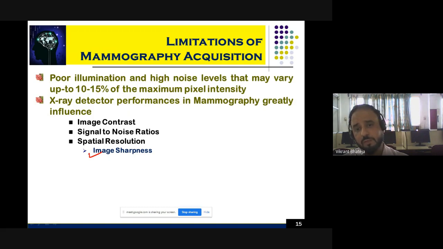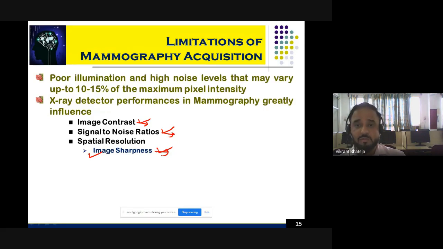For a very general image, enhancement seems to be a very simple term, certainly a very simple filter. But if you talk about enhancement of these breast X-ray images or mammograms, then enhancement should improve these three attributes: the contrast of the image, the signal to noise ratio of the image, and the sharpness of the image.